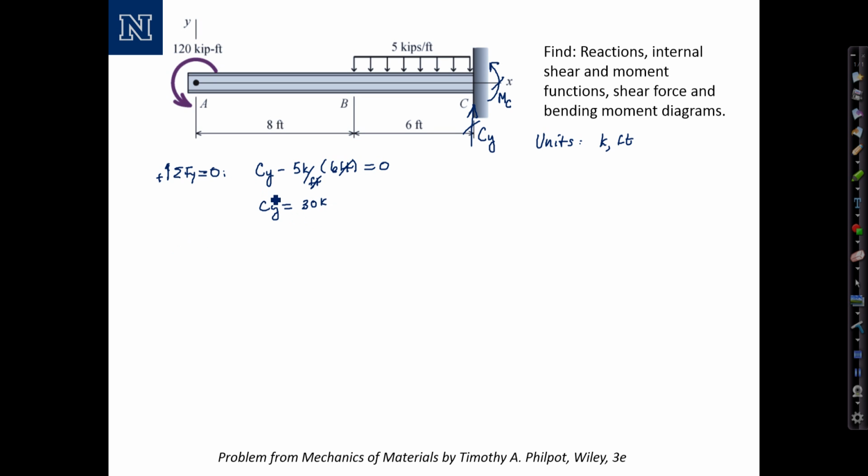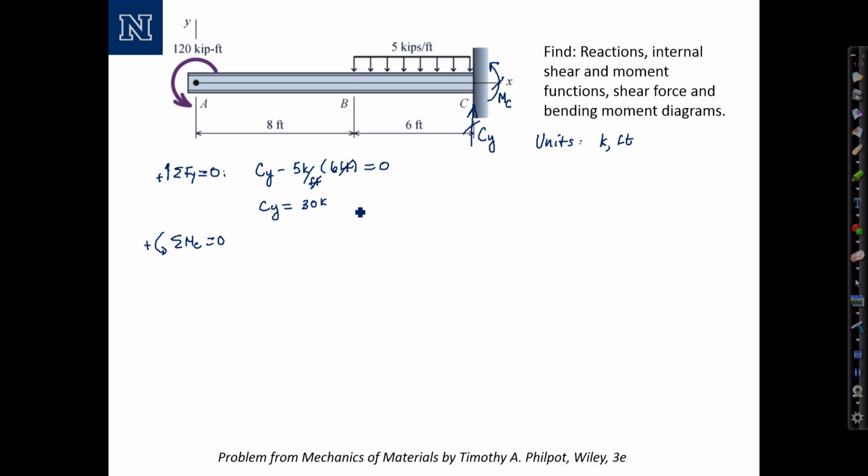To find the reaction moment M sub c, I'm going to sum moments about point C, set it equal to 0, and take it positive in the counterclockwise direction. Now about point C we have 3 contributions to the moment.